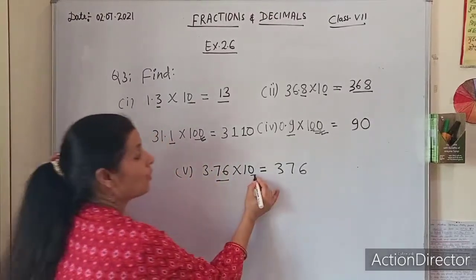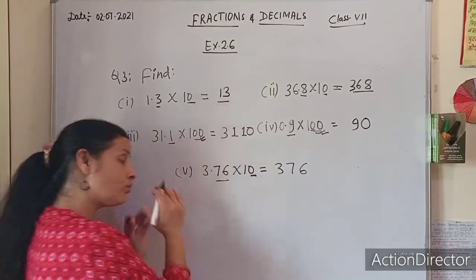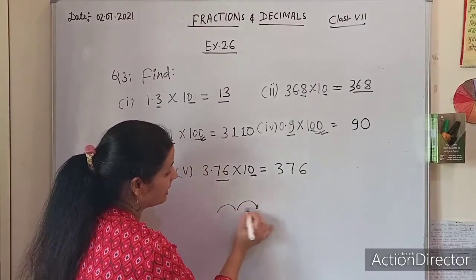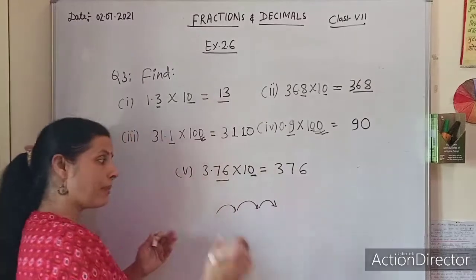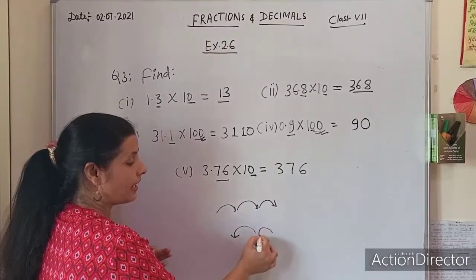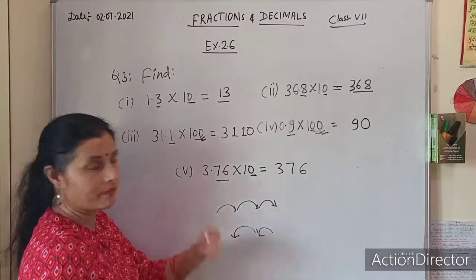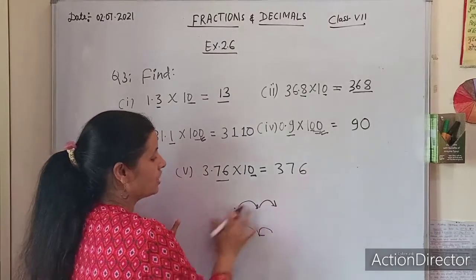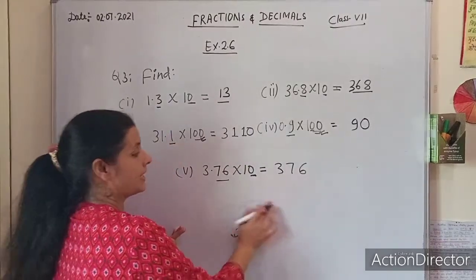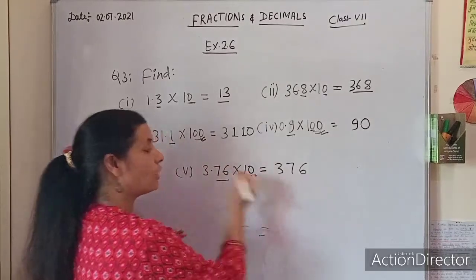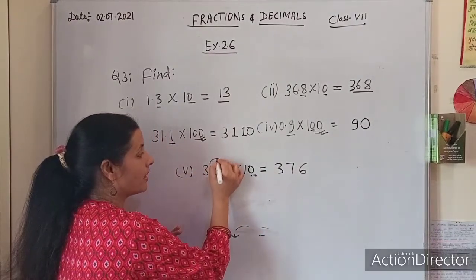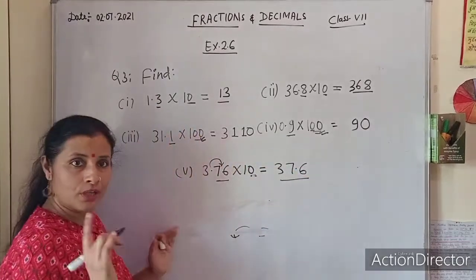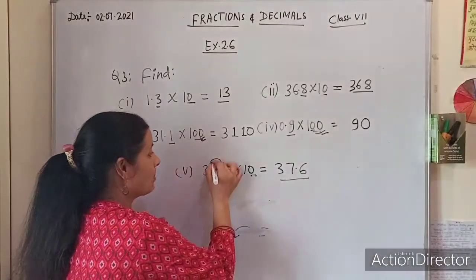So what will we do? The 0 will shift the decimal to the right hand side, because in multiplication the decimal is always shifted to the right hand side, but in division it will be shifted to the left hand side. We will learn this concept later when we do exercises related to division. So the decimal will shift from here to here, and it will become 37.6. Did you get my point? The decimal will shift to the right hand side.